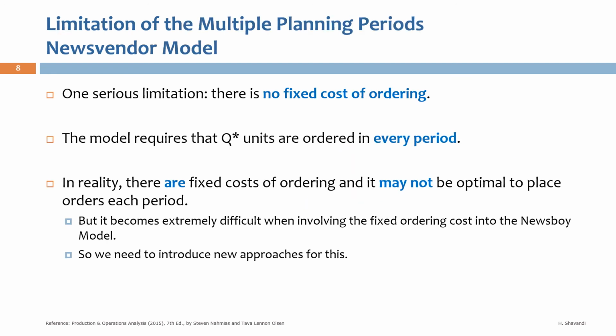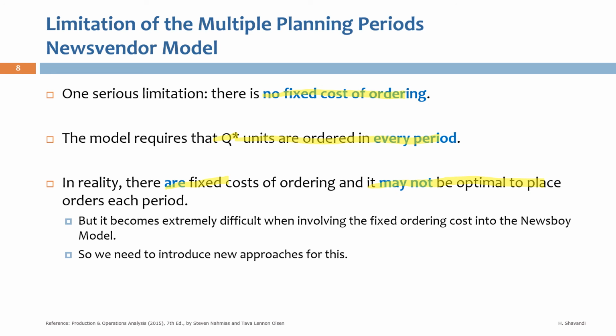So to wrap up the multiple planning periods news vendor model, let's see what the limitations of this model are. The first one is no fixed cost of ordering. And the second one is ordering Q star units in every period. In reality, we will have some fixed costs, right? And also it may not be optimal to order every period, right?